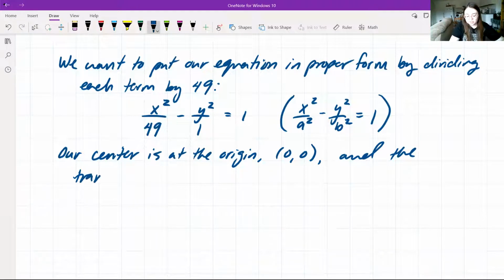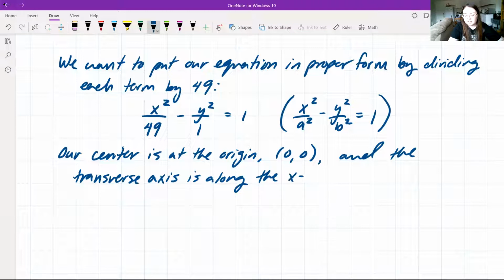And the transverse axis in this case is going to be along whichever term is the numerator of a squared. So in this case, we have x squared divided by a squared, so our transverse axis is along the x-axis.